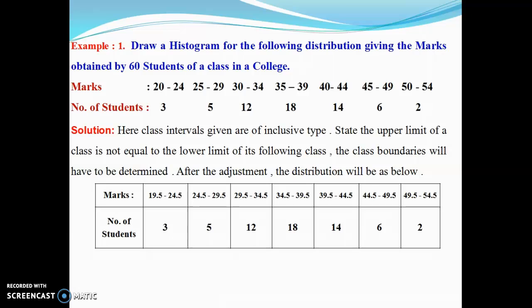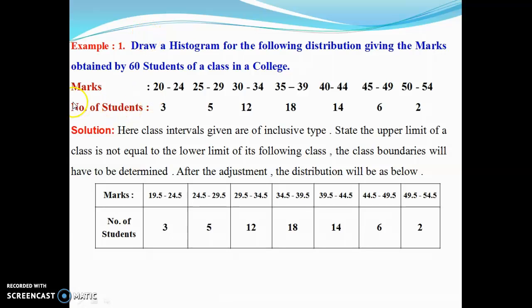Let us see a simple example of a histogram. Example 1. Draw a histogram for the following distribution giving marks obtained by 60 students in a class in a college. The marks are 20 to 24, 25 to 29, 30 to 34, up to 50 to 54.